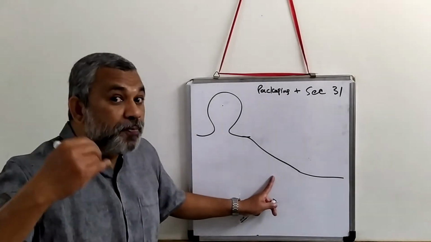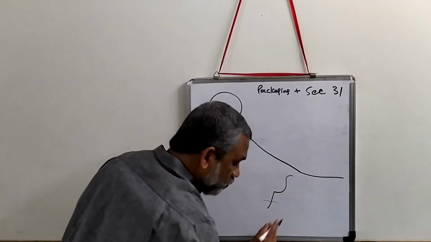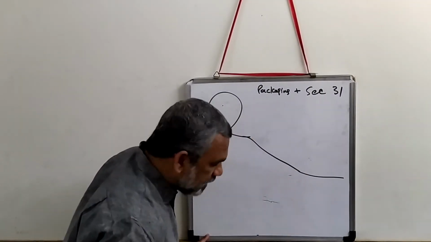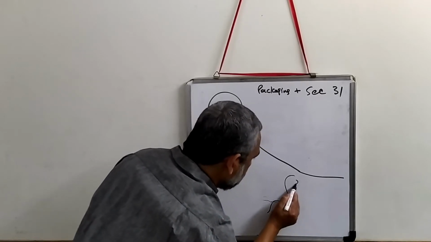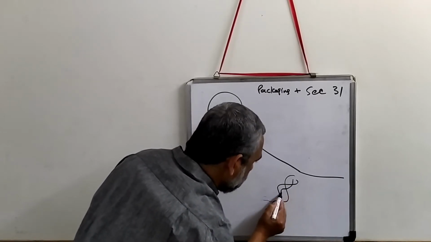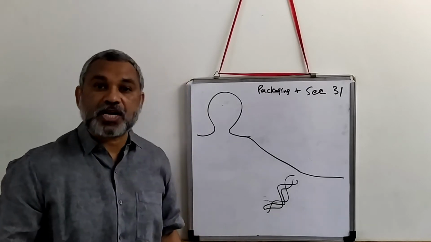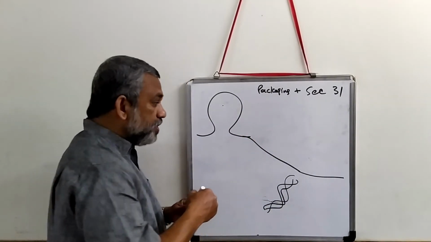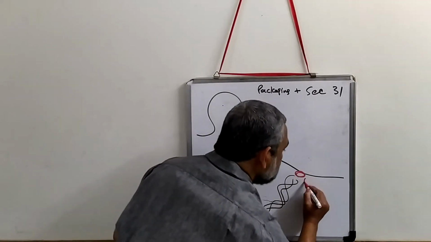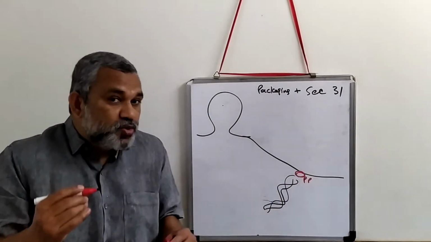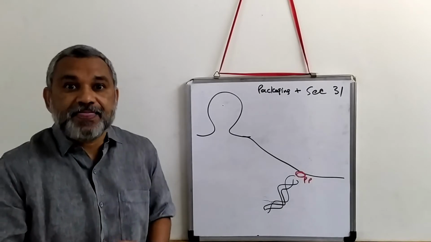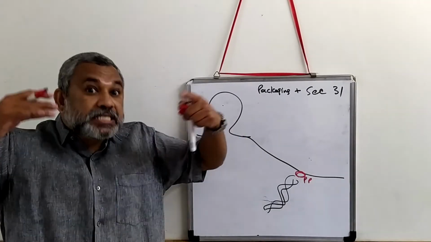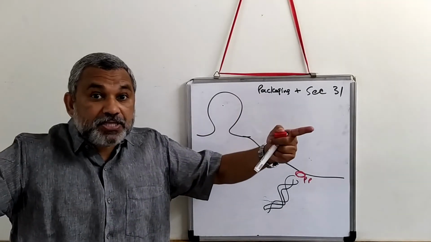Now it has to package in the collagen molecule. So the collagen molecule is here. It's a triple helix structure. Now, this collagen molecule is bound by this packaging protein. It binds to that. That is the signal that it has to be assembled into a different shape of the vesicle.